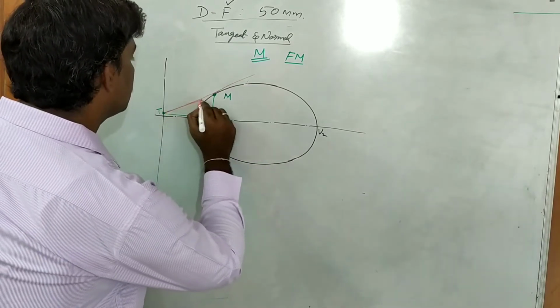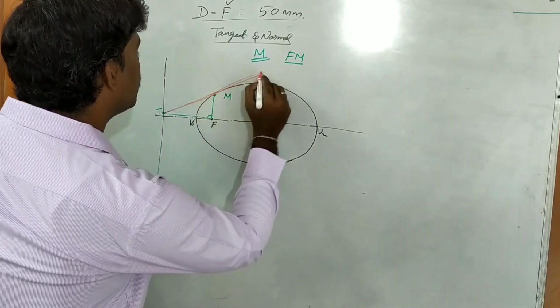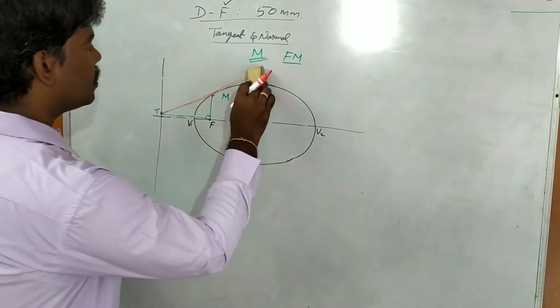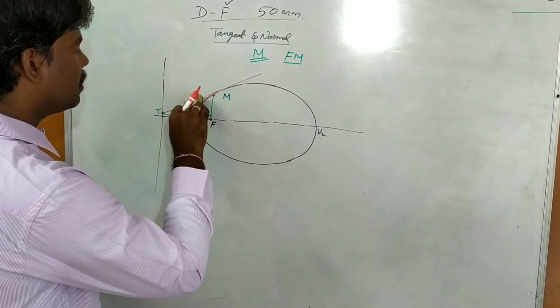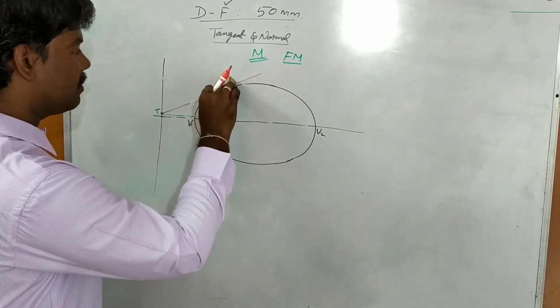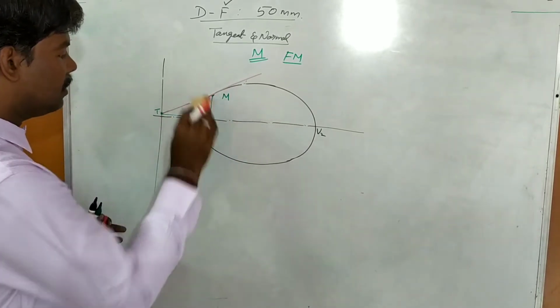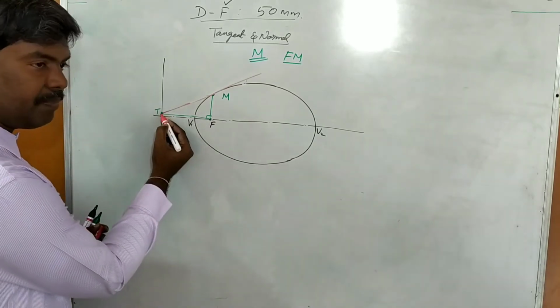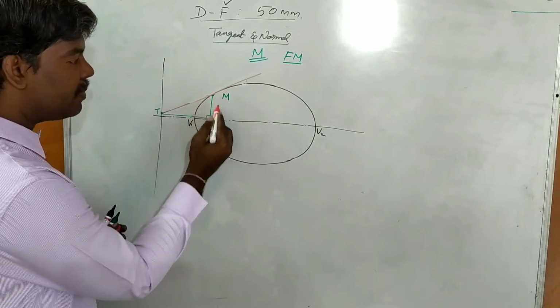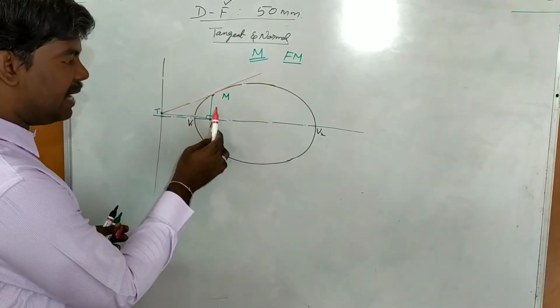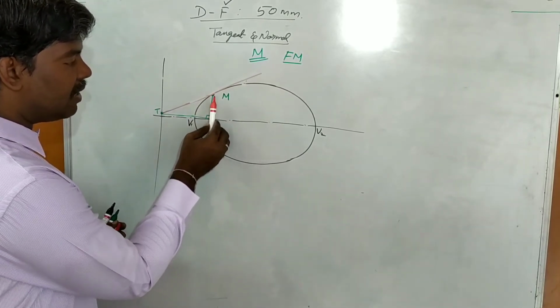So this is TM. So the red color is visible now. So this one is the tangent. Okay. So how to get the point T? First you select one point on the curve, that is letter M. You join F and M. After that you draw a perpendicular line of FM.